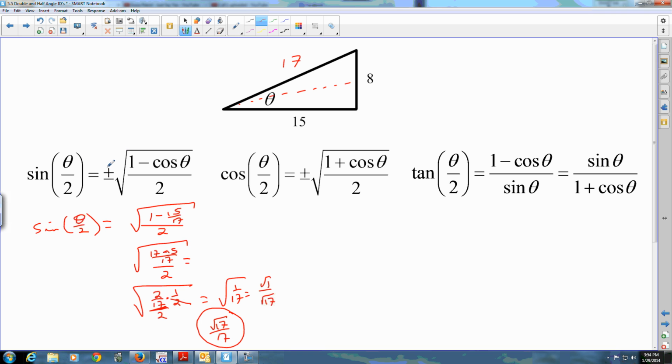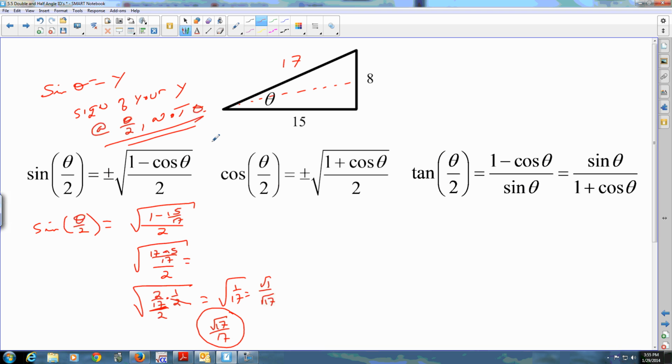Now, plus and minus. Sine, think of it on the unit circle, is your y value. This plus or minus is generated by the sign of your y value at theta over 2, not theta. Now, here, this isn't going to make a whole lot of sense.